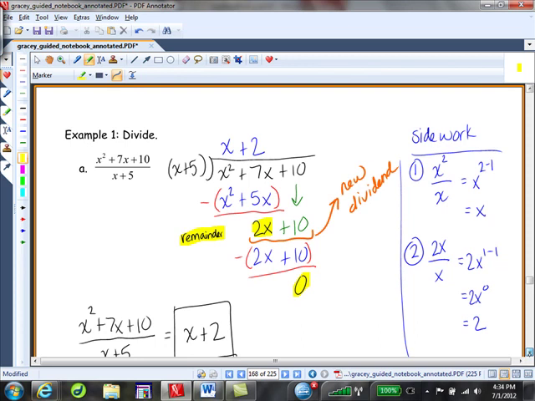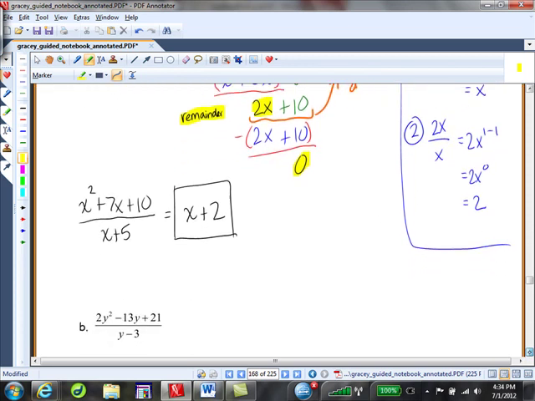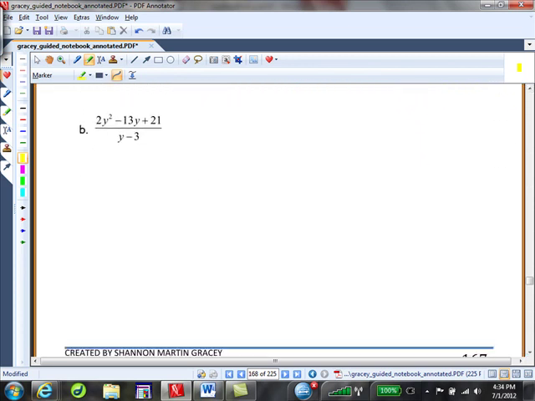Okay, so now let's practice. Part B, I'll get you started. Inside the house, we've got 2y squared minus 13y plus 21, and outside the house we have y minus 3, and we're going to put that in parentheses so we don't forget to distribute. Now, if the side work stuff confused you, you can think about it this way.